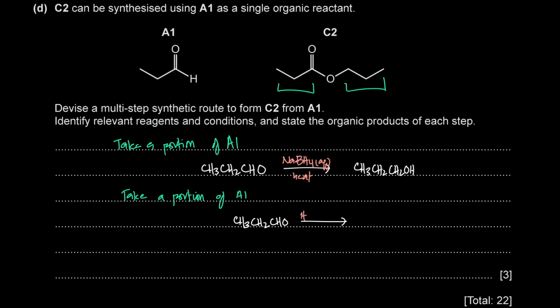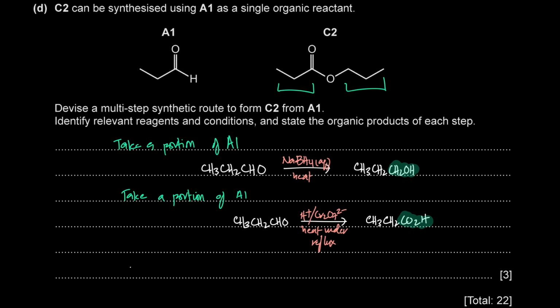So we'll go with acidified dichromate 6 and heat under reflux. The aldehyde, propanal, will be oxidized to a carboxylic acid. So some of A1 is reduced to propan-1-ol, and some of A1 is oxidized to propanoic acid. Now we have propan-1-ol and propanoic acid.